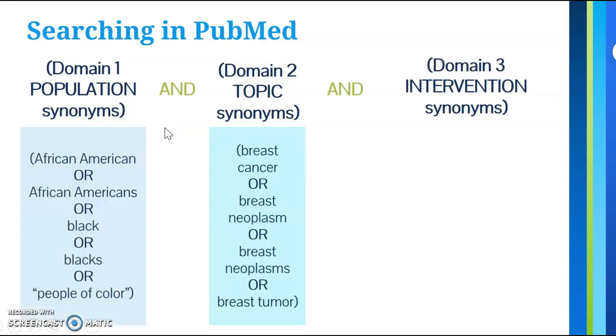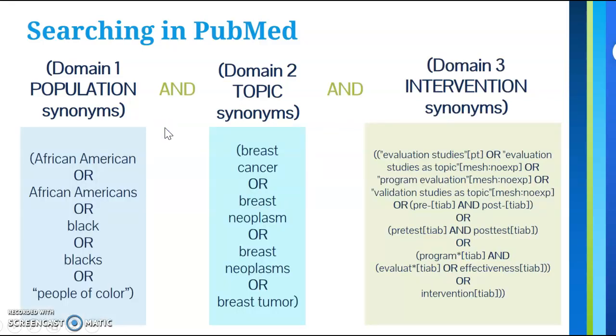Okay, so just kind of a basic overview of searching in databases. You don't want to write out a whole sentence or phrase. You're going to think about keywords related to your topic. So if I'm pretending that my topic is inequities with African Americans and breast cancer and death rates, for example, I would make a column for my population and other ways to say that term.